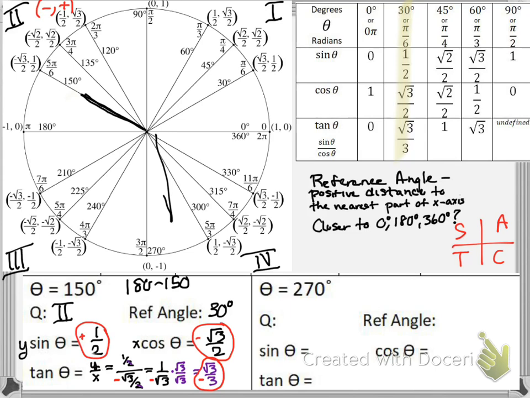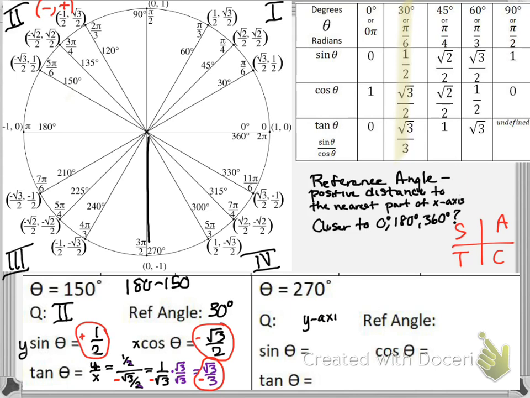What quadrant is 270 degrees in? 270 degrees is straight down here. Is that in quadrant 3 or quadrant 4? You really can't tell because it's really on the borderline between the two of those. So even though the homework asks you for the quadrant, we're going to say that it's really on the y-axis.